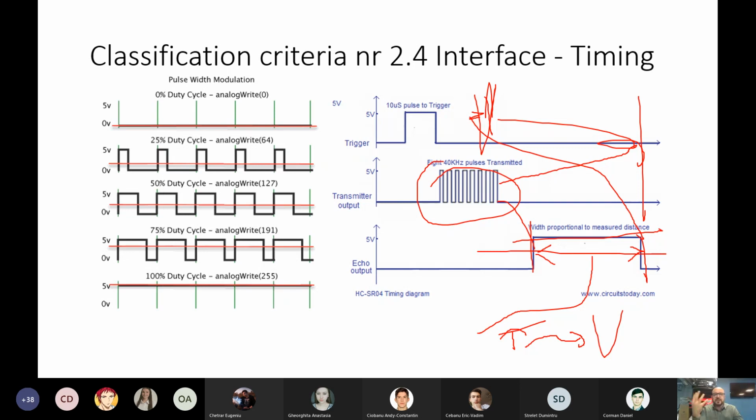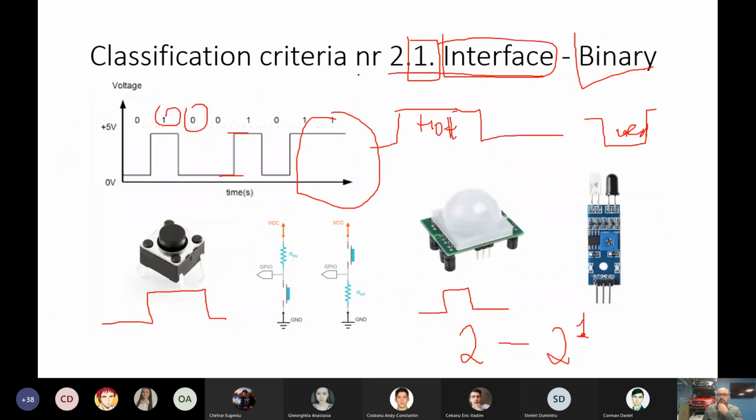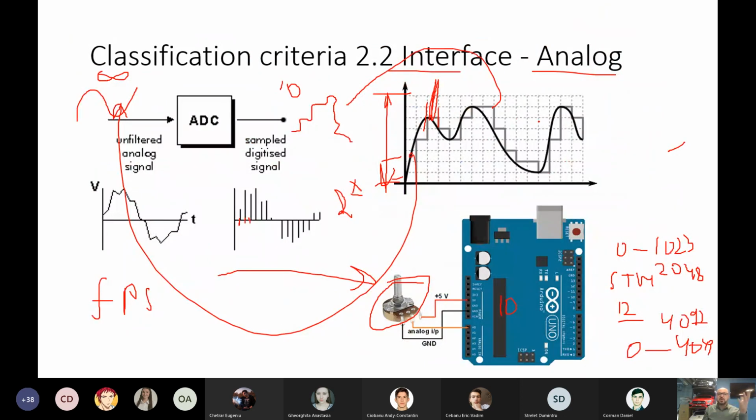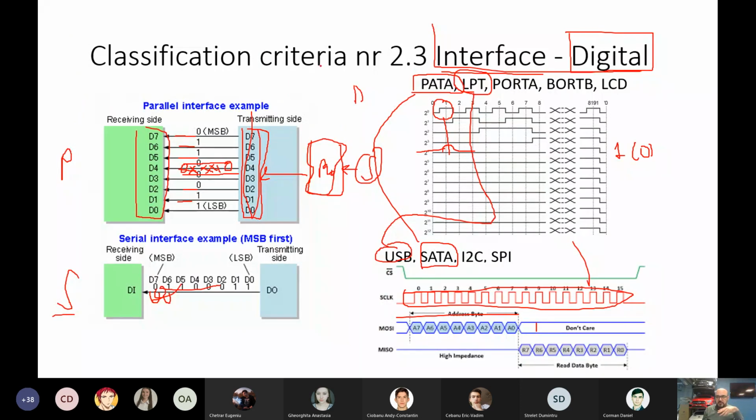We can have binary interfaces. We can have analog, with infinite resolution, which we convert into finite resolution. We can have a digital interface, which means already processed data provided ready to use.